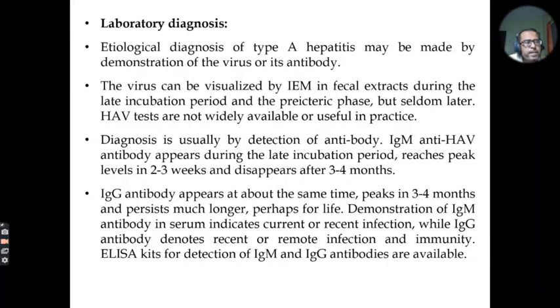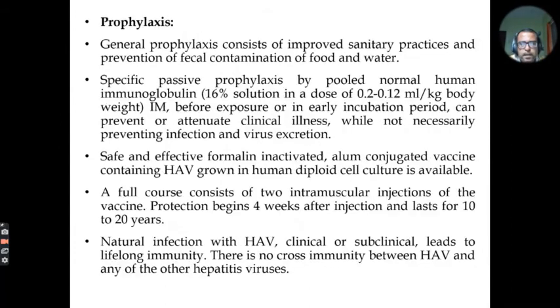Basically, there are two methods available to diagnose the hepatitis A virus in the laboratory. First is the demonstration by using immunoelectron microscopy, not immunoelectrophoresis. Second is the demonstration of the presence of IgM and IgG antibodies. This helps to diagnose this type of infection in patients.